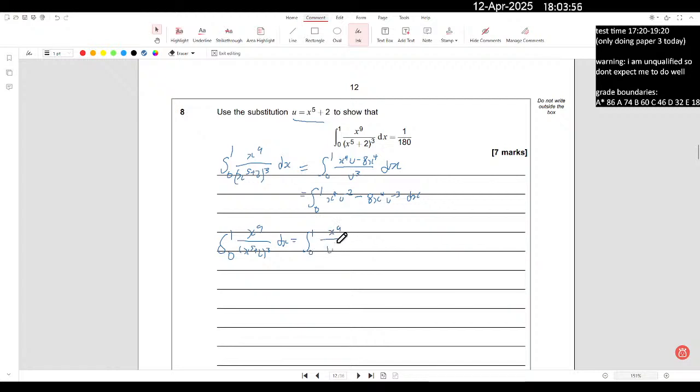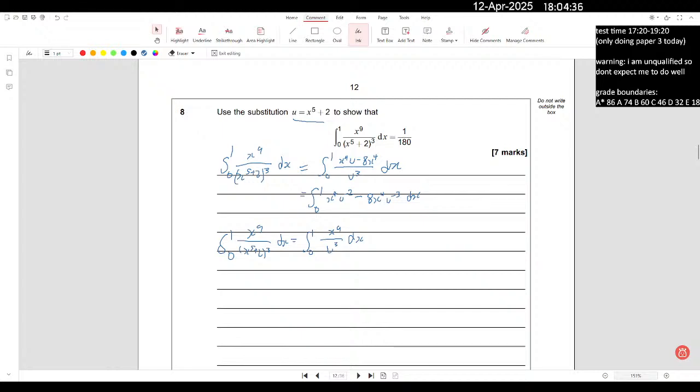The rate I'm going, I'm definitely gonna run out of time. Would I have to integrate by parts for this?